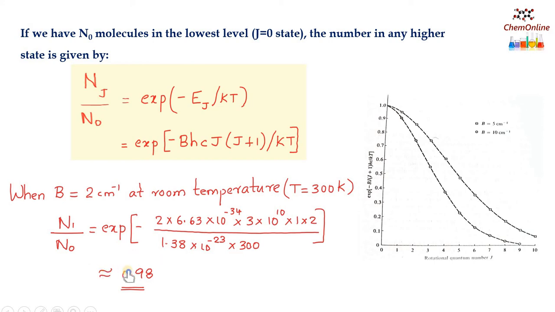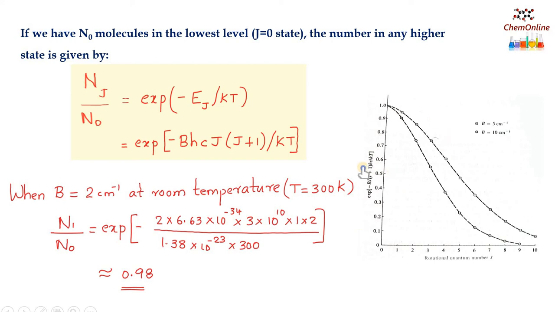This will be approximately equal to 0.98. So the ratio N1 by N0 is 0.98, that is approximately equal to 1. It means that there are almost as many molecules in the J equals 1 state as in the J equals 0 state.